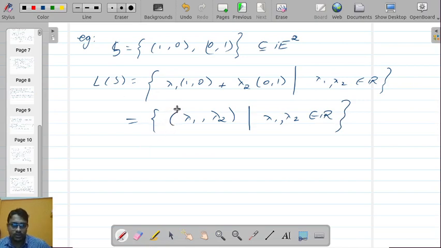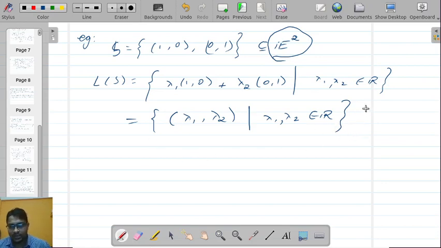So it is the set of all ordered pairs lambda 1, lambda 2 inside the set of real numbers. So you can easily see this is actually equal to the Euclidean space itself, E square.